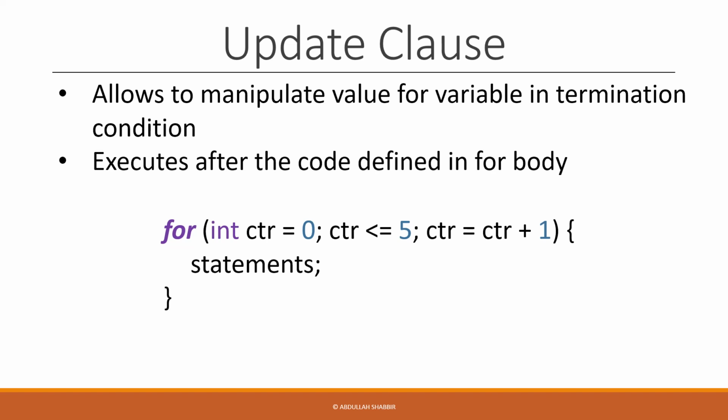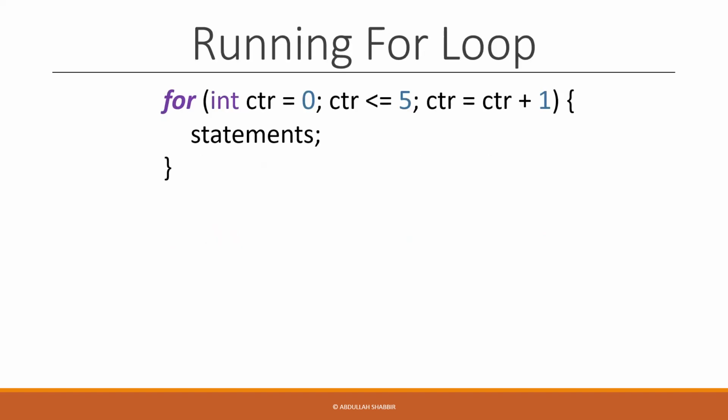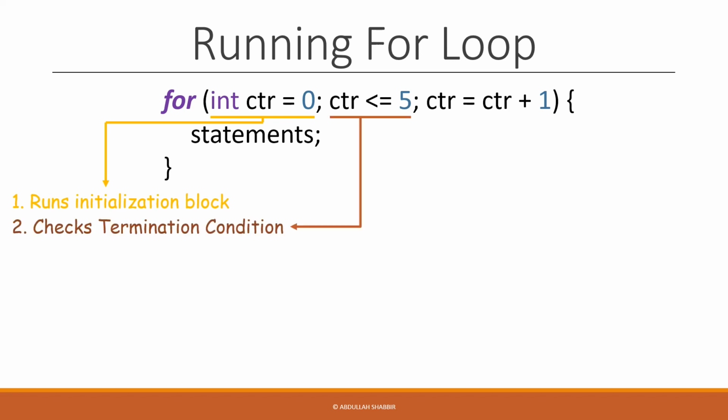Now let's look visually at how this loop runs in this scenario. So we have this for loop, and the first thing it does is run the initialization block. After it has done that, Java then checks the termination condition. As 0 is less than 5, the condition is true, and Java runs whatever is inside the body of the for loop.